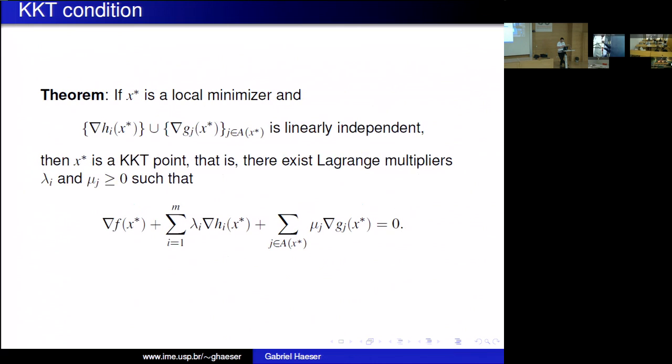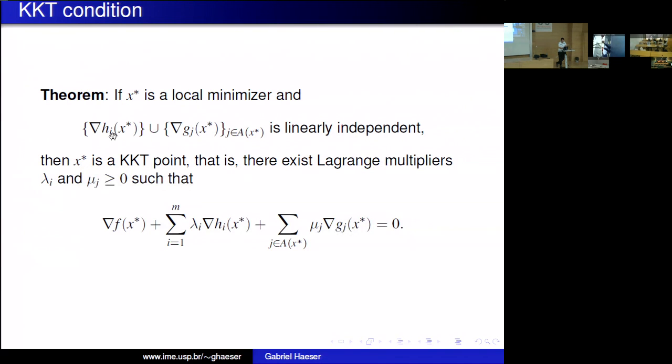So I will get into more details about this in a minute. But let's prove the classical KKT theorem. And this is what it says. If I have a local minimizer, and at this point I can compute all the gradients of the equality constraints and all the gradients of active inequality constraints, and the classical hypothesis that we made to prove the KKT condition is to assume linear independence of this set.